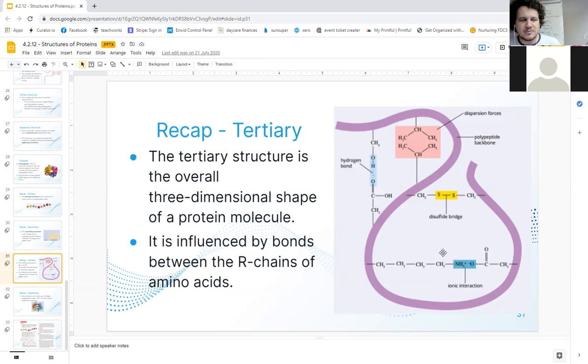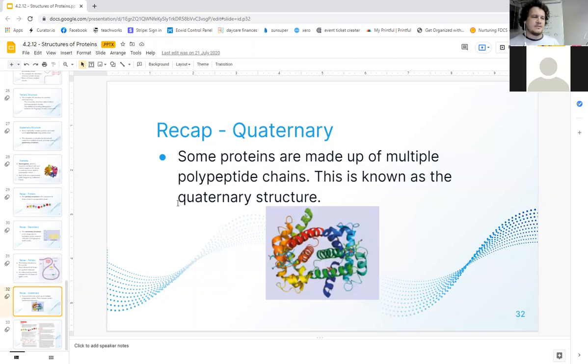We've got ionic bonding between the negatively and the positively charged species. And now it's pulling itself into the tertiary shape. So, quaternary is how do all those tertiary structures come together to make up the overall shape of the protein.